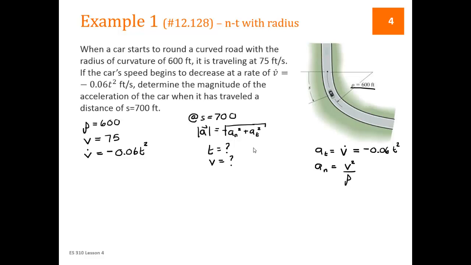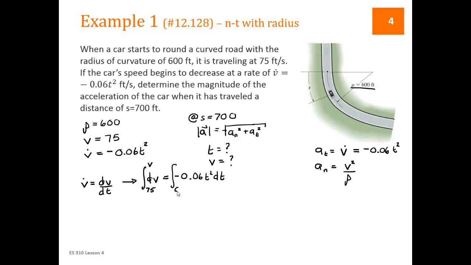Let's start with, we know that v dot is equal to dv/dt. So we can write dv is equal to negative 0.06 t squared dt. We're going to take an integral of both sides. Initially, v was 75. We started at 75 feet per second. And we're going to end up at some v, which is what we're trying to find.